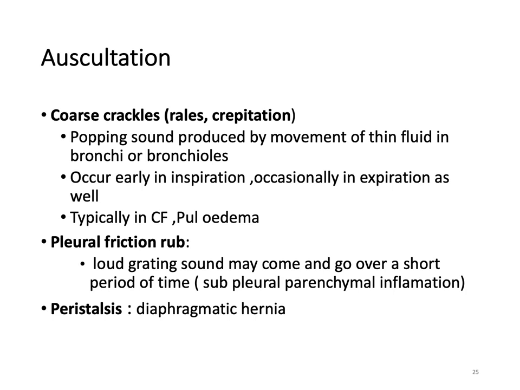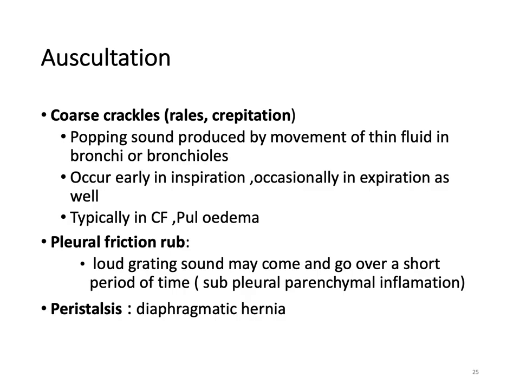For coarse crackles, or rales or crepitations, they are popping sounds produced by movement of thin fluid in bronchi and bronchioles. They occur early in inspiration and occasionally in expiration as well. They are typically heard in cystic fibrosis and pulmonary edema.